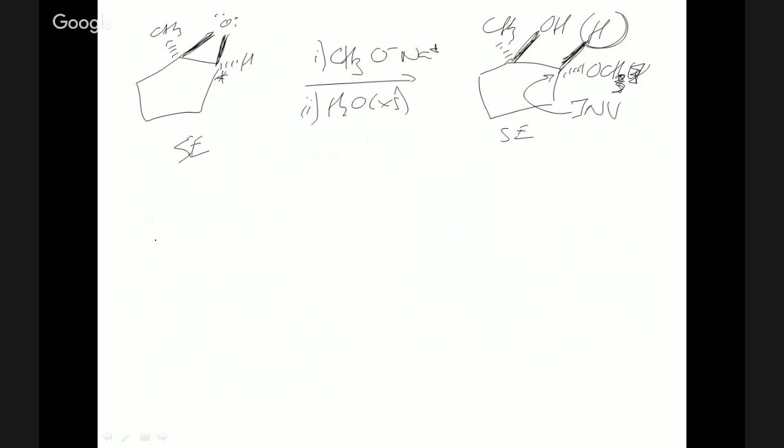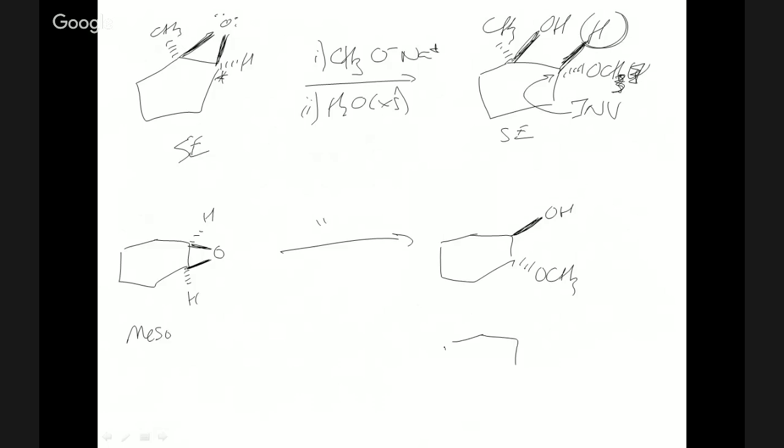What happens if we add the same kinds of reagents to a meso epoxide? There's a plane of symmetry here, so this is a meso. We add exactly the same conditions. What do we get? We get a pair of stereoisomers. Okay, that's CH3O- can attack at either carbon.